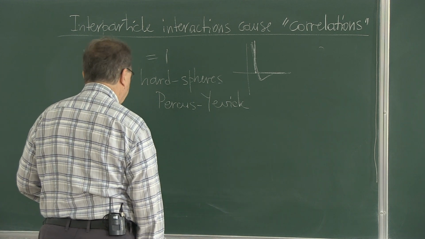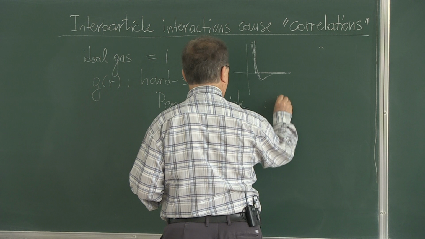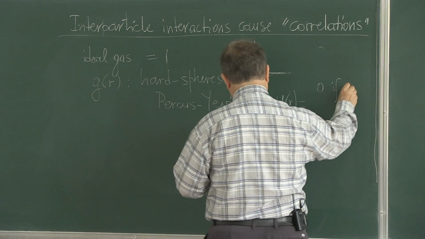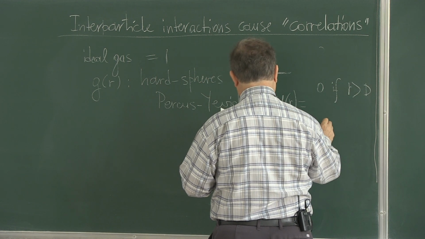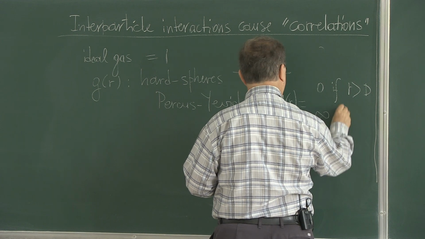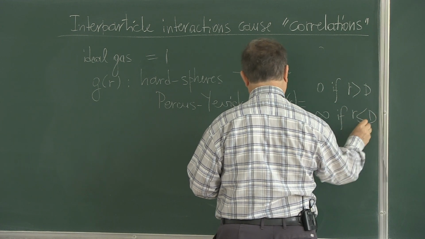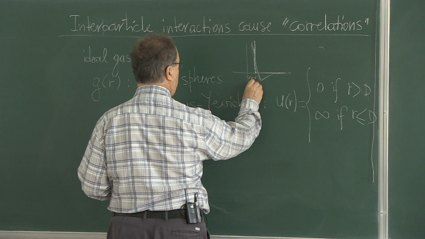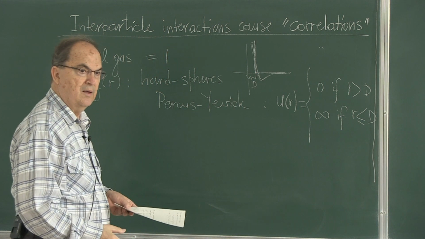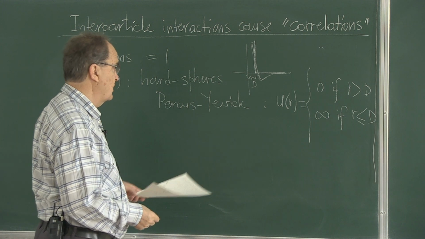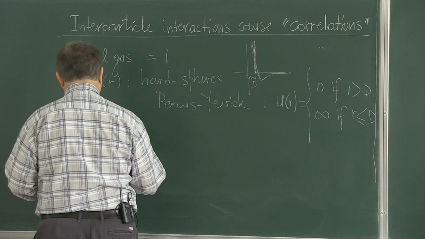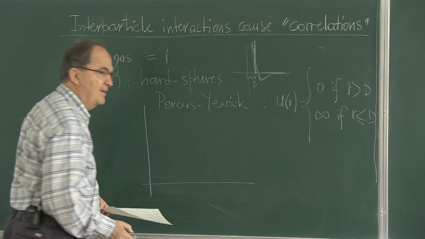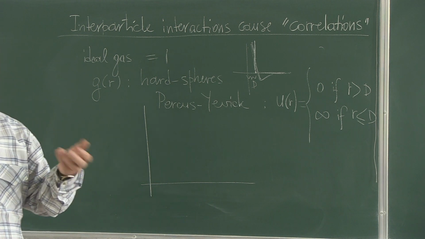And if you do the calculation with a potential like this, 0 if R is greater than D, infinite if R is smaller than or equal to D. So that's the distance of closest approach, isn't it? If that is the U of R, you can calculate G of R. I have done that myself a couple of times, writing a small computer program.